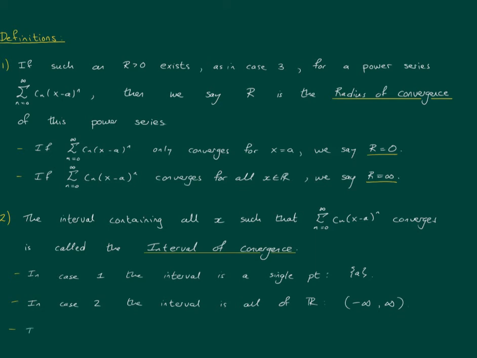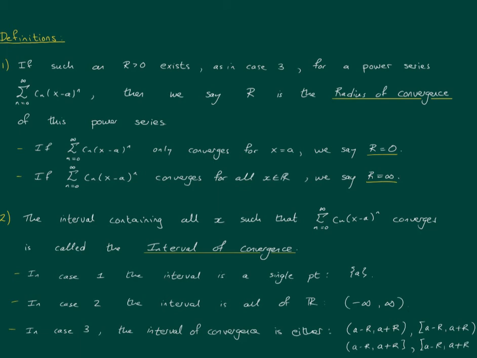Now in case 3, it's a bit more complicated because we have a few scenarios. So in case 3, remember we have this R greater than 0. So the interval of convergence is either the open interval a minus R to a plus R, so you don't converge on either endpoint, or you converge on the left endpoint and not the right, or you converge on the right and not the left, or you might converge on both.